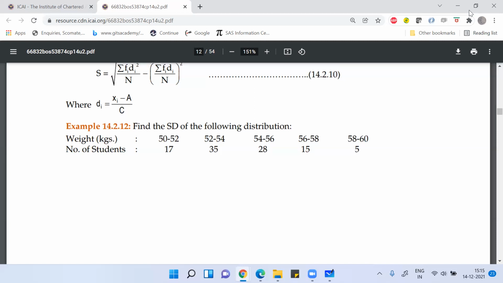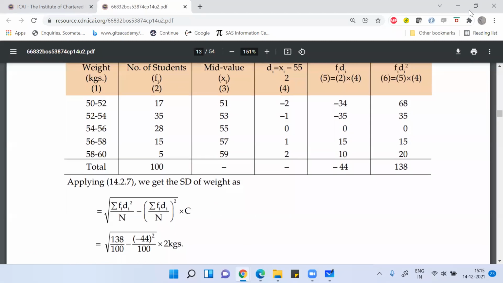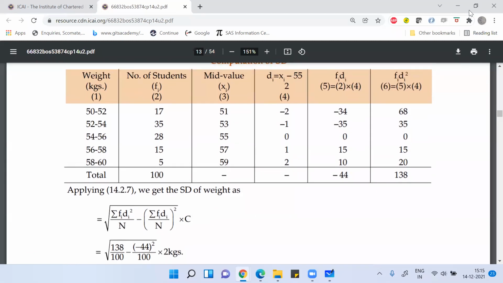Done everyone? Have you written down the problem? Now see the steps if you have class interval with frequency. Any doubt, anyone? No, sir.